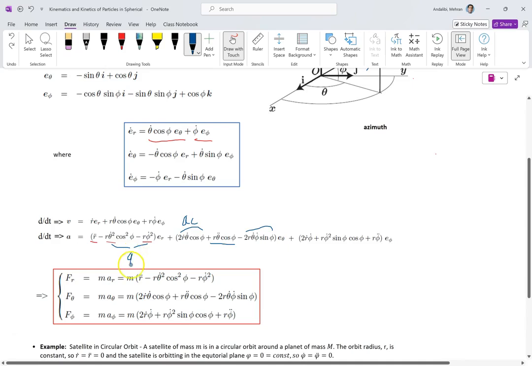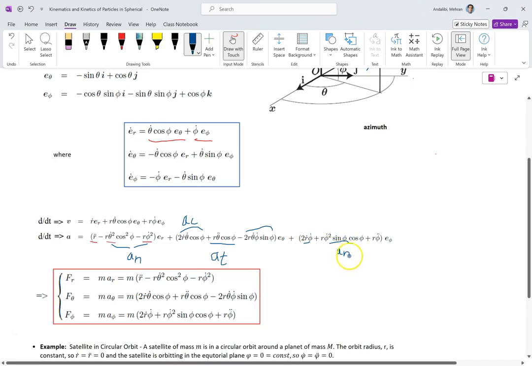So these are kind of like a normal acceleration. This guy is like a transverse acceleration. And here, again, this is like a Coriolis one, as you can see. This is a component of the centripetal one.